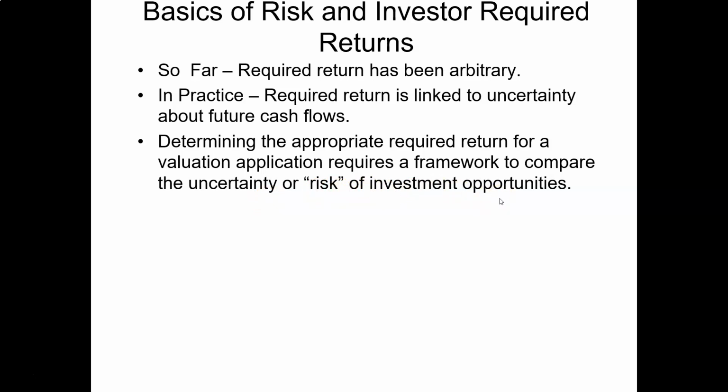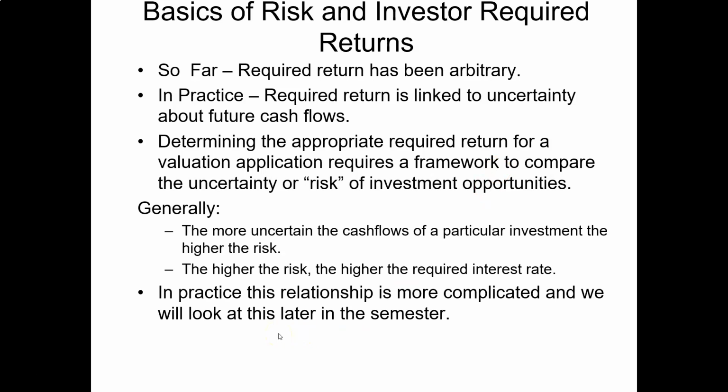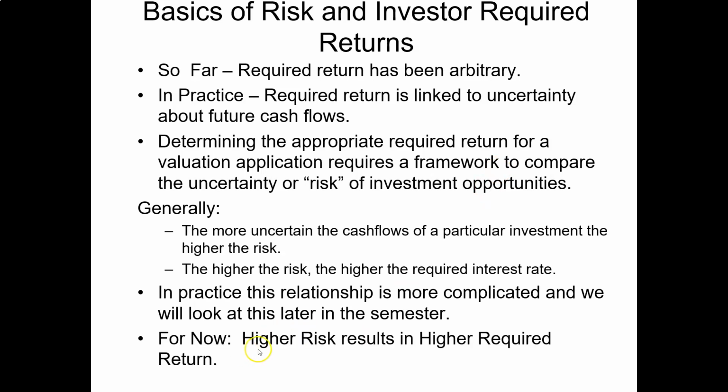In the second half of this semester, we will introduce this framework. So for this lecture, I just want to provide a simple idea. That is, if we have higher risk contained in an investment, then we think the required return will be higher.